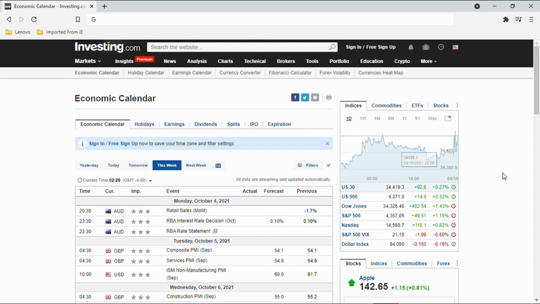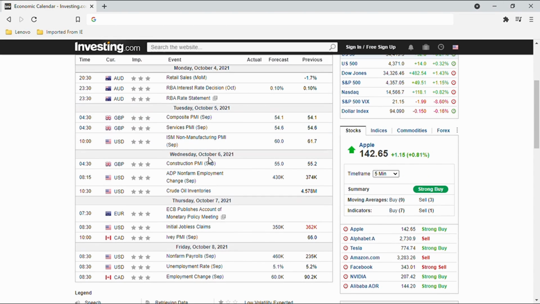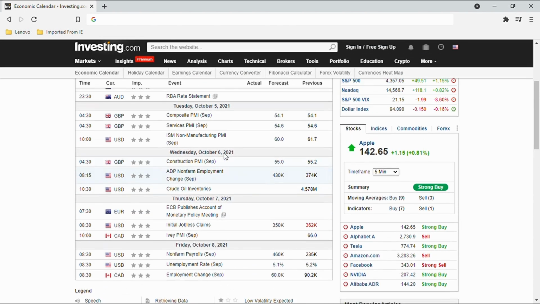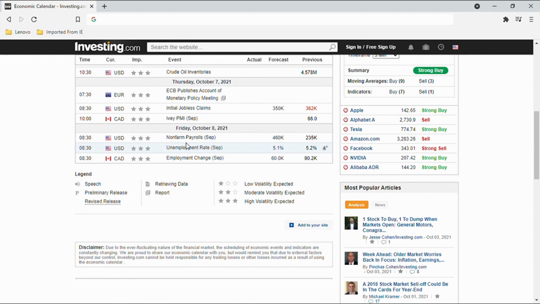Then finally we have the economic calendar that we need to take into account. Man, this week looks so good for trading fundamentals. We have the AUD interest rate decision, very action packed there. We have non-farm employment change. We have jobless claims. We also have the NFP. Now we all know NFP can be full of surprises.